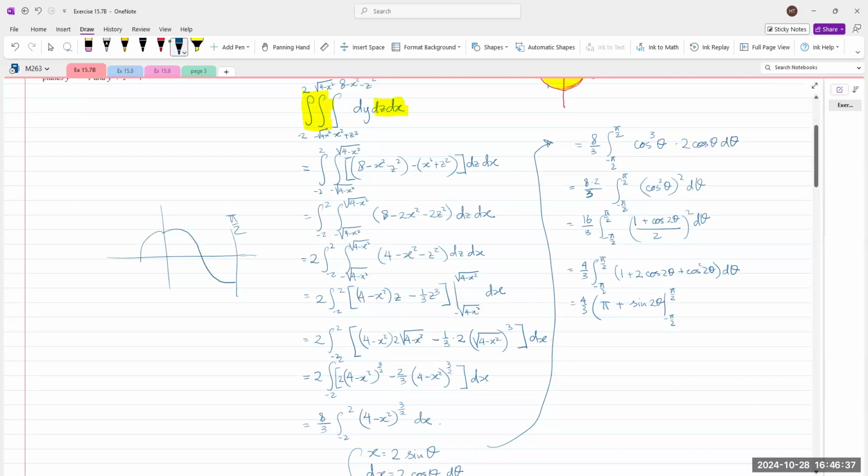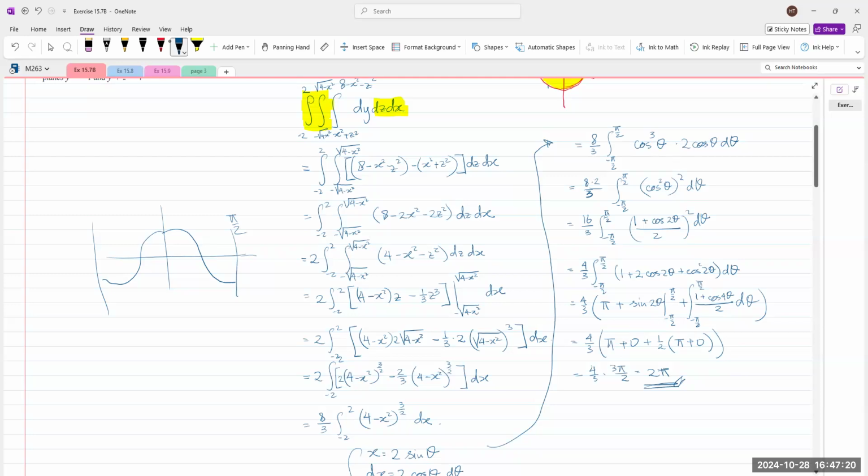Oh yeah, that's right, that will be 0. Plus, now cosine squared 2 theta becomes 1 plus cosine 4 theta over 2 under the integral from negative pi over 2 to pi over 2 d theta. Plus 1/2 pi plus 0. Okay, so 4 over 3 times 3 pi over 2 will be 2 pi.